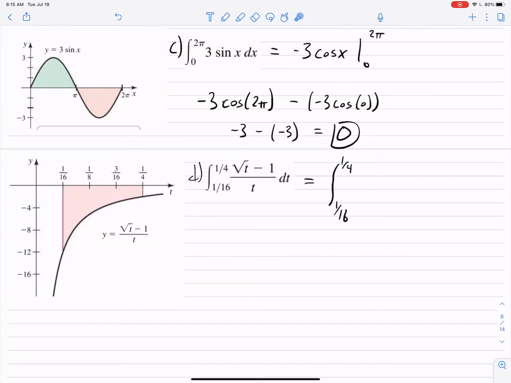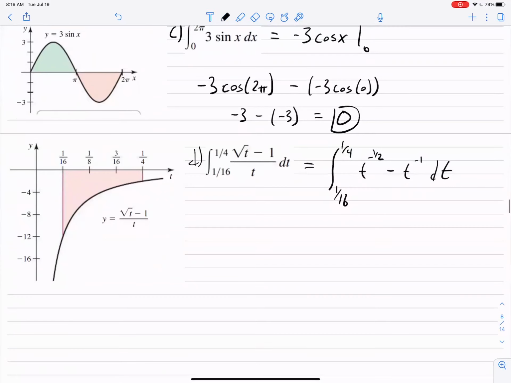And then I'm going to break this up into 2 fractions so that I can use the power rule. And so this is going to be t to the -1/2, because if you have 1/2 on top and t on the bottom, it's t to the -1/2. And then this one becomes minus 1/t, or maybe I'll just do t to the -1 dt. And now we can do the antiderivative of that.